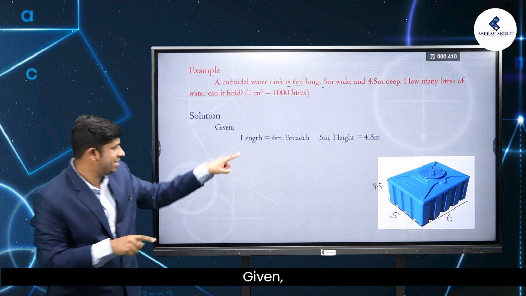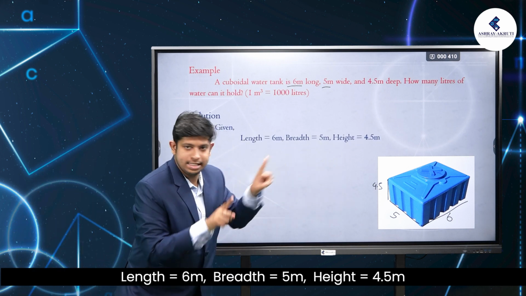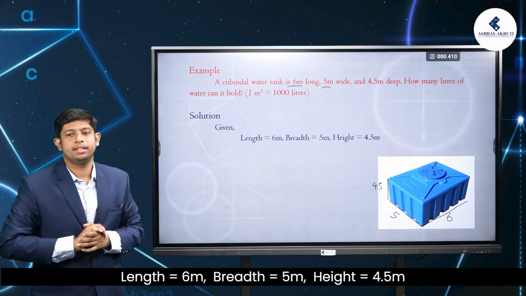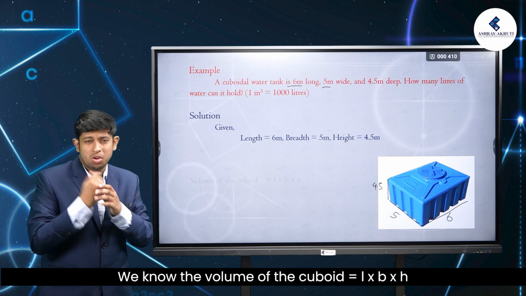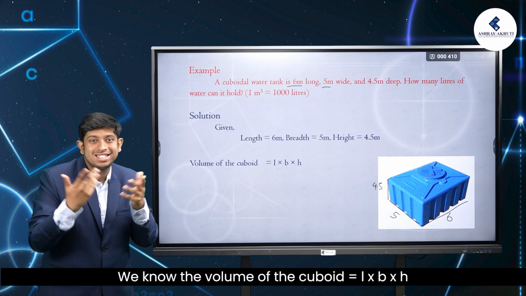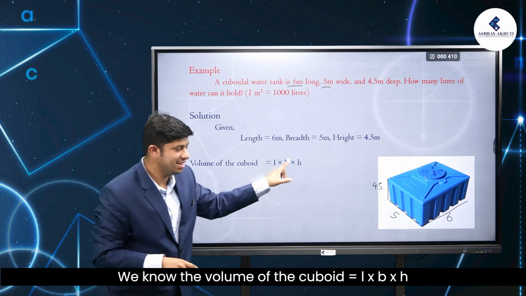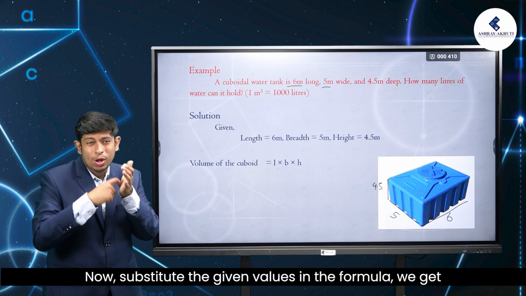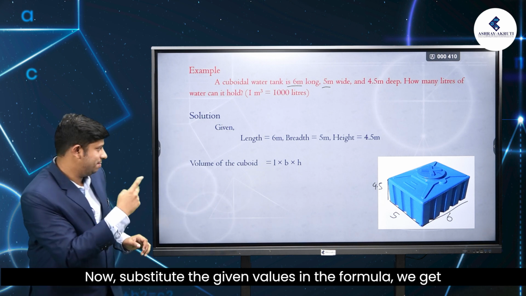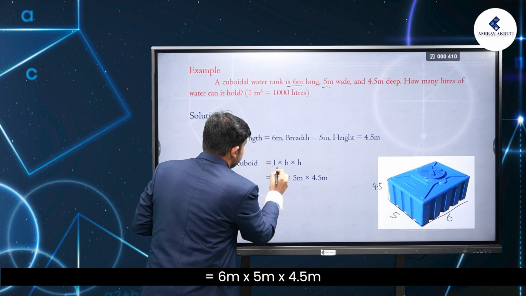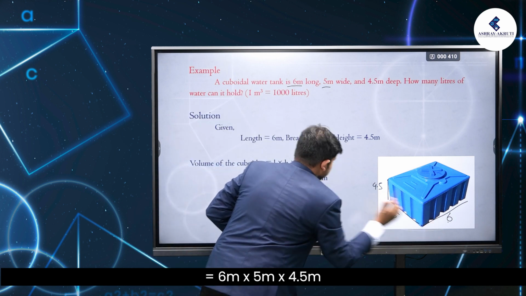Given length is equal to 6 meter, breadth is equal to 5 meter, height equal to 4.5 meter. We know that the volume of the cuboid is equal to L into B into H. Now substitute the given values in the formula, we get 6 meter into 5 meter into 4.5 meter.